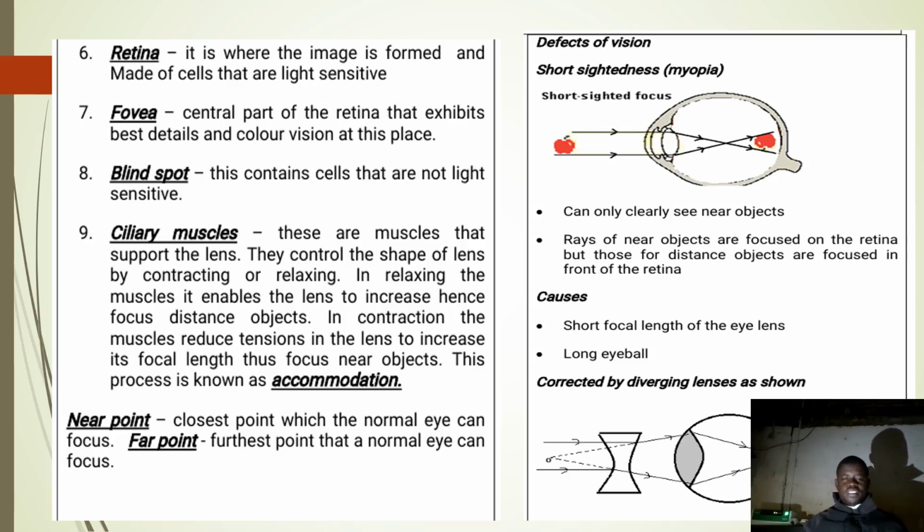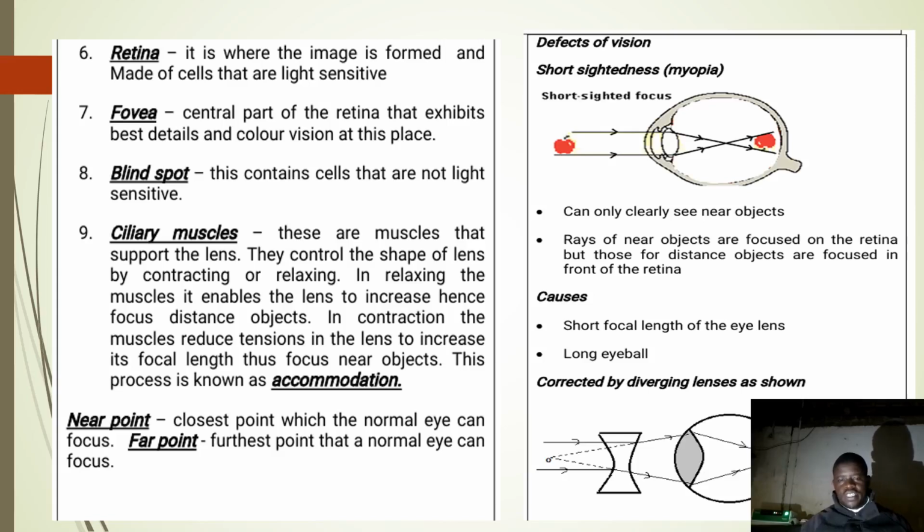Now, it is also important we talk about the defects of the eye. The first one is short-sightedness, also called myopia. So this is whereby a person can only clearly see near objects.